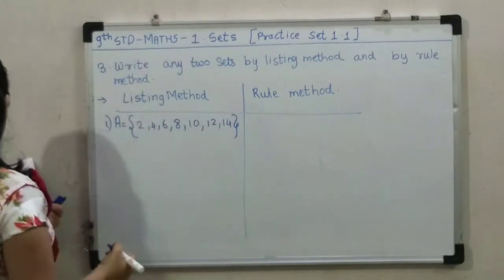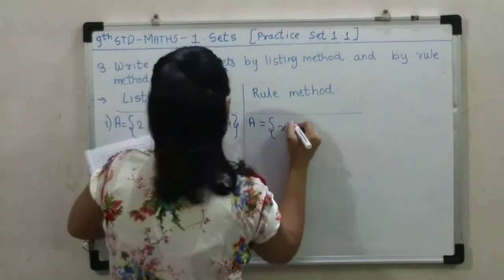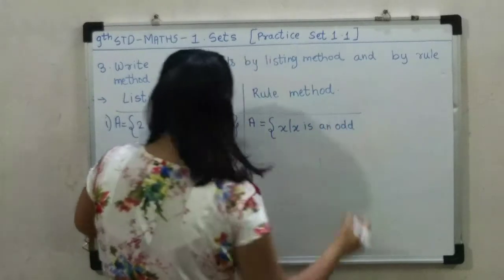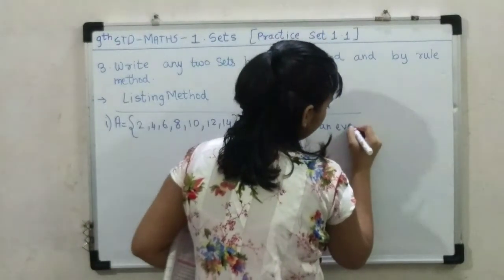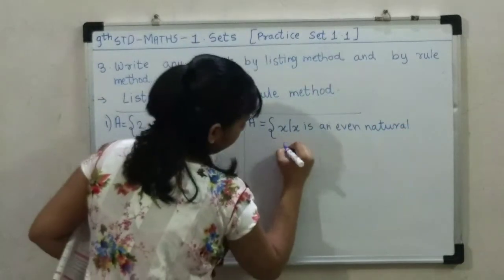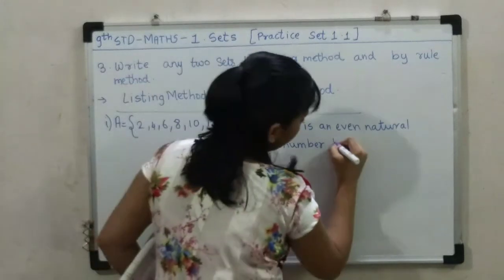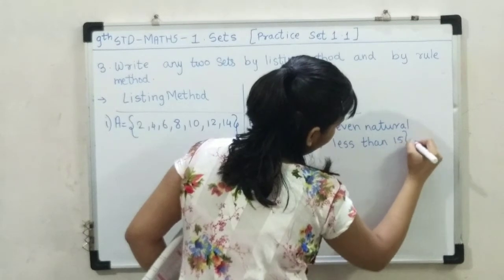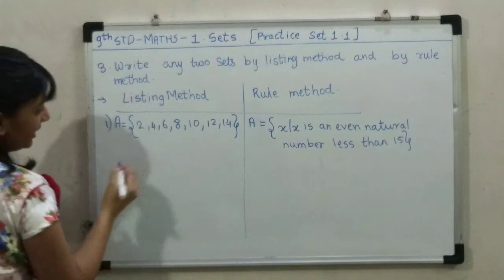So in rule method we will write set A is equal to x such that x is an even natural number less than 15. So these numbers are less than 15. So by rule method we will write it like this.